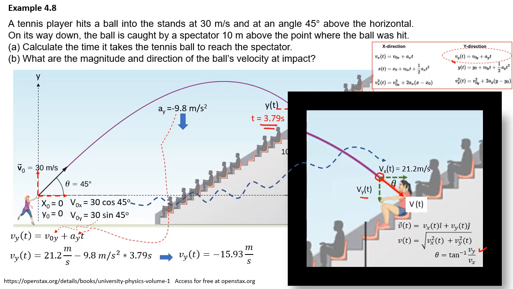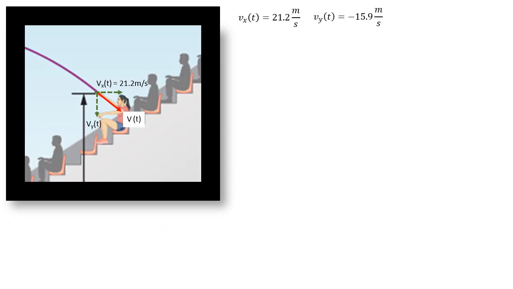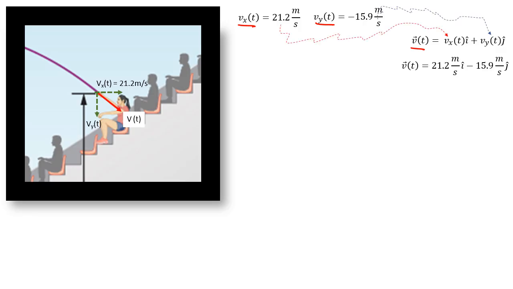So calculating that, vyt is minus 15.93 meters per second. You see, this quantity is negative because it is directed down. So we know vx and we have now calculated vy. In vector notation, the velocity is represented as 21.2 meters per second i minus 15.9 meters per second j.